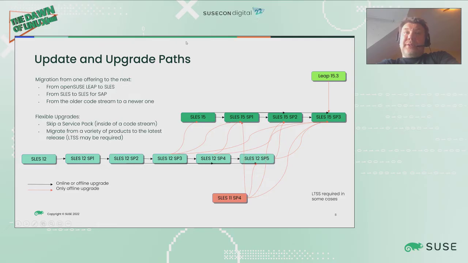Then we can upgrade from SLES to SLES for SAP. Sometimes you can start with something simple and easy, and then you upgrade to the full version, SLES for SAP, when you need it. And we can upgrade from the old code stream to a new one. Like you can go from SLES 11 to SLES 12, or even to SLES 15 if you really need it.